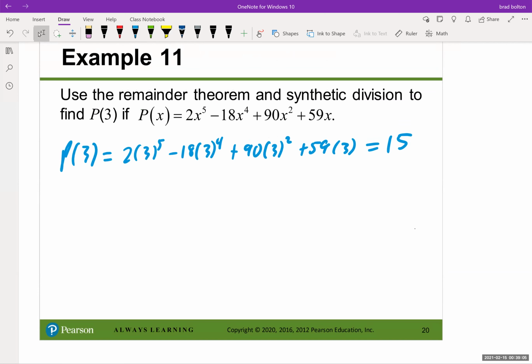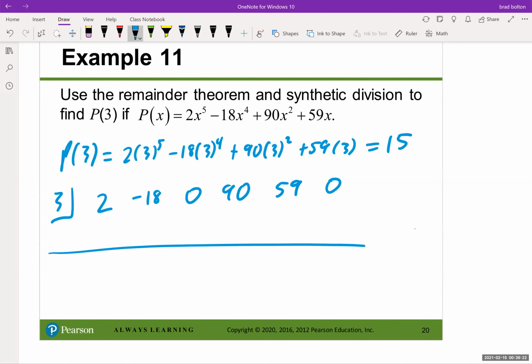So I'm just going to do synthetic. Here's my 3 right here. And then I'm going to do 2, minus 18, 0, 90, 59, and then 0. So let's see what we get. We get 2, we get 6, that's negative 12, that's negative 36.